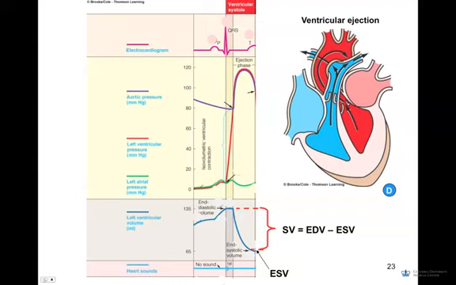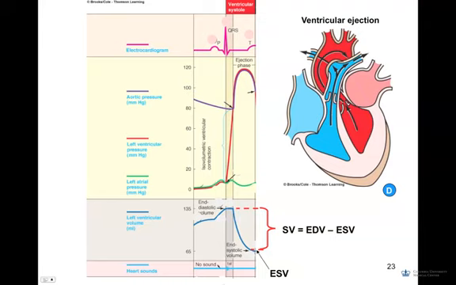Now, the mathematical subtraction of end diastolic volume and end systolic volume gives you a measure called stroke volume. Stroke volume is defined as the volume of blood ejected by each ventricle during a cardiac cycle.